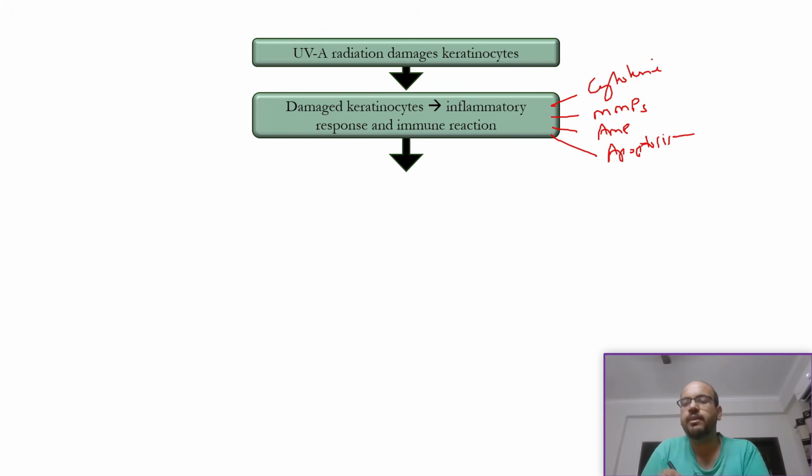This apoptosis releases DNA and all the nuclear materials or proteins which were inside the cell. They release these contents into the circulation, and immune cells recognize these molecules and start preparing autoantibodies.